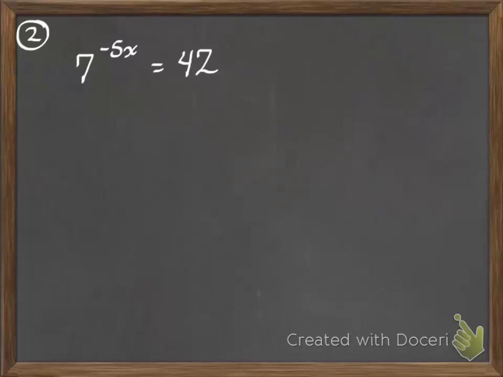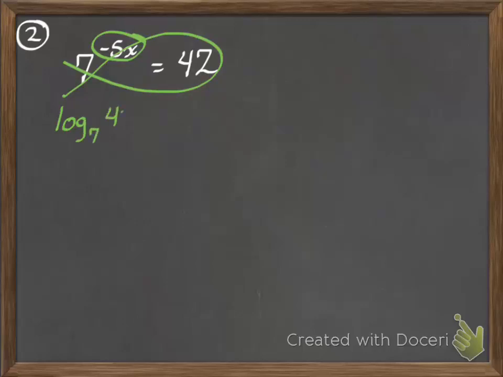And so for us to solve for that exponent, we need to get this exponent by itself. And so the only way we have to get into that exponent is using a log. So we're going to use the fish to help create the log. So it's going to be log base 7 of 42 is equal to negative 5x.